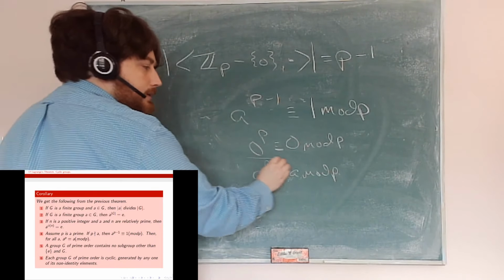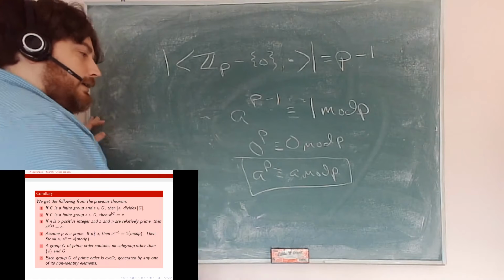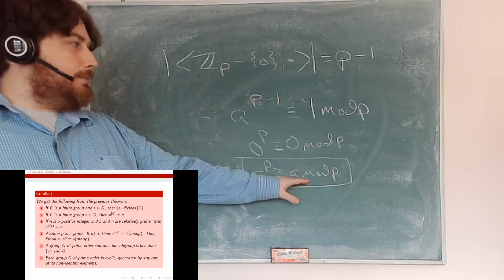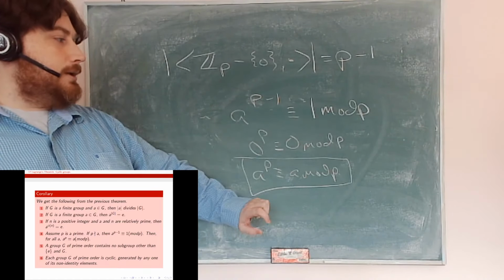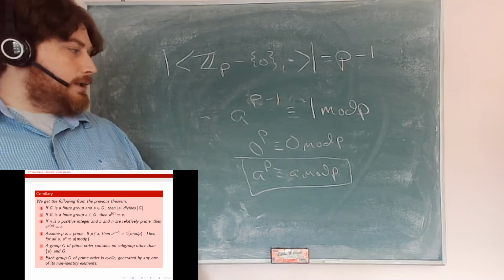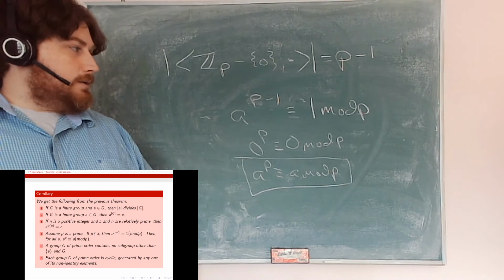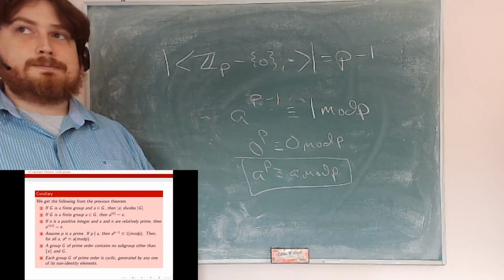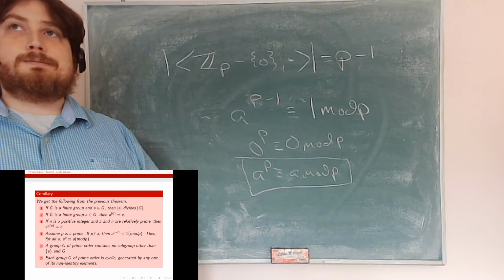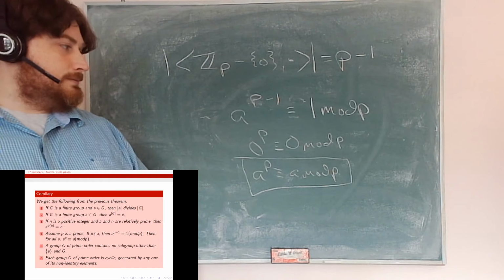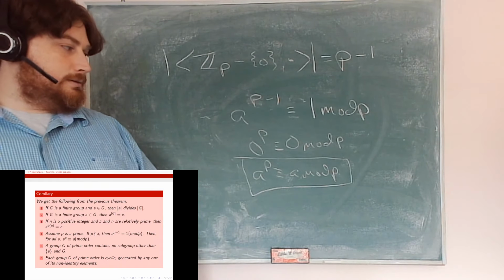But if we want to include 0, we can always get that A to the P is congruent to A mod P by either multiplying both sides here by A, or just noticing that 0 to the P is congruent to 0 mod P. Makes sense.